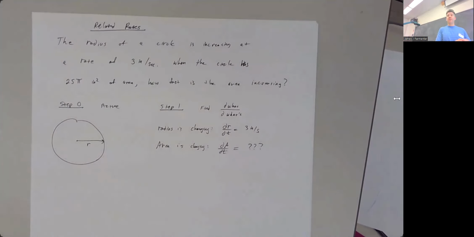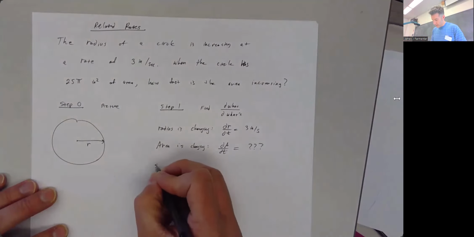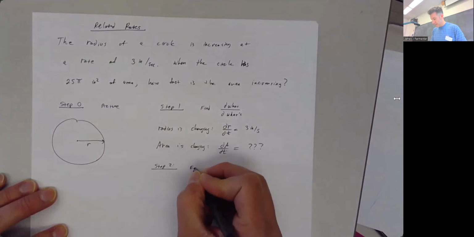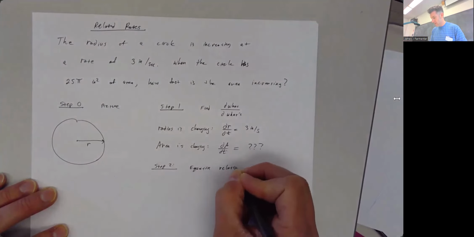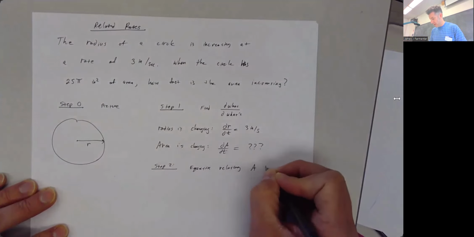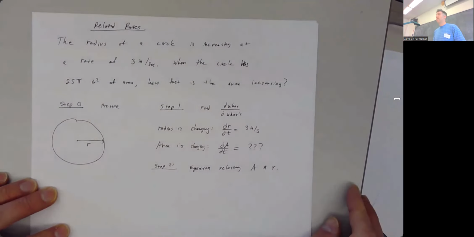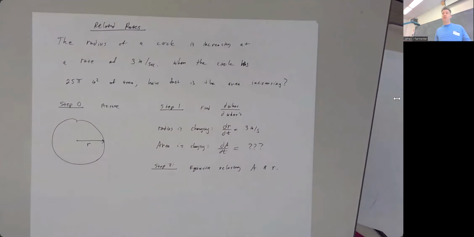After you've identified the things that are changing that are important, the second step is to find an equation relating those non-time variables. So in this case, area and radius. Typically, it's the equation of the geometric shape you're dealing with, whether it's a circle or a cone or a square or a rectangle or lots of other things.